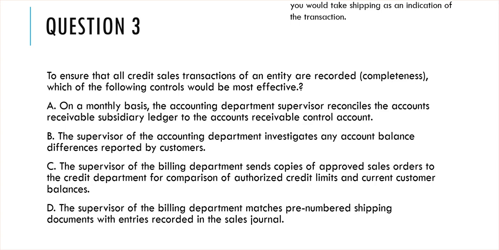So if you hear someone say vouching and tracing, what they're really saying is they're looking at the documents in an order and going in one direction or the other. I just wanted you to understand what these terms mean and how they relate to what we are doing in here.